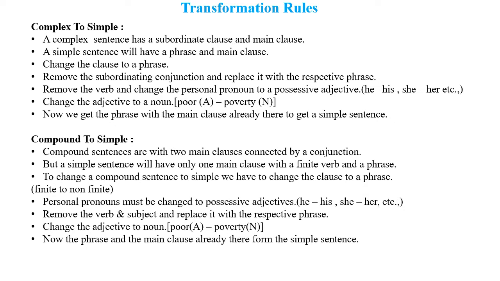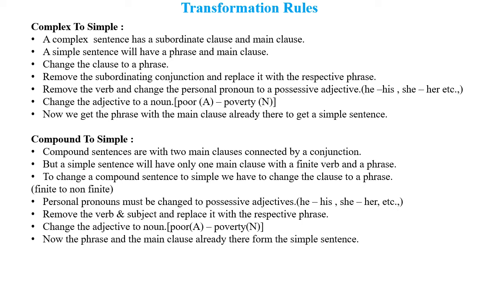Remove the verb and change the personal pronoun to a possessive adjective. Then change the adjective to a noun. Now we get the phrase, with the main clause already there, to get a simple sentence. In this way we can get a simple sentence from a complex sentence.